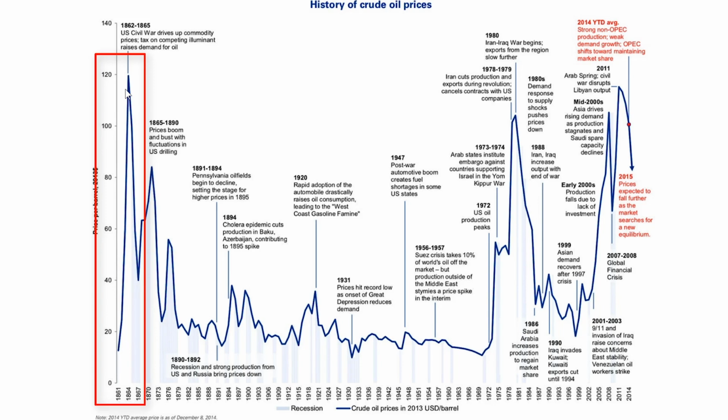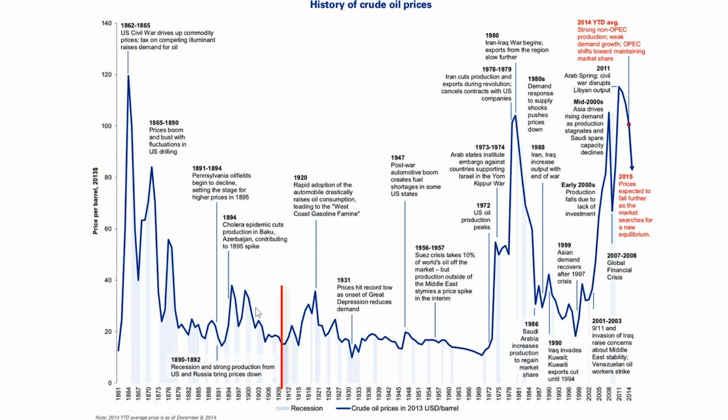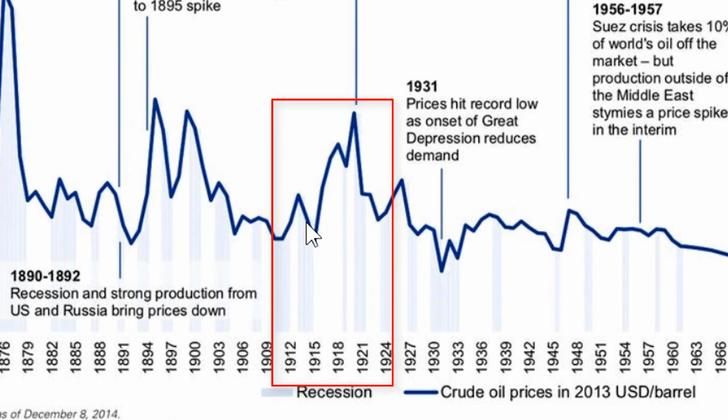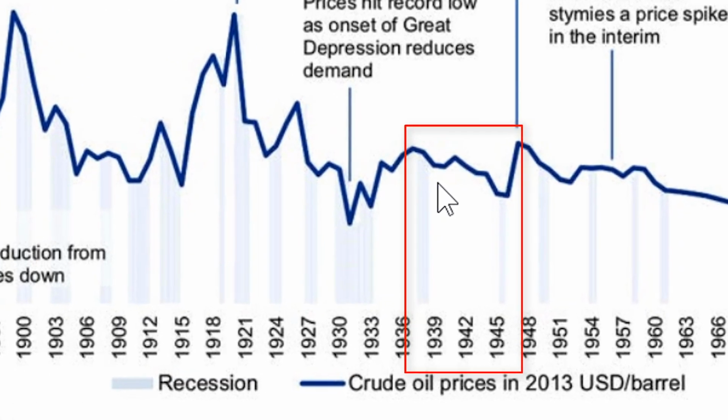But actually, if you look at the effect since then, wars don't have, famous last words, that long lasting an effect. If we take a look at the First World War from 1914, we did see prices rally for most of the duration of that war. But then if we jump forward to sort of 1939, the outbreak of the Second World War, if you live in Europe, maybe not if you live in the US.